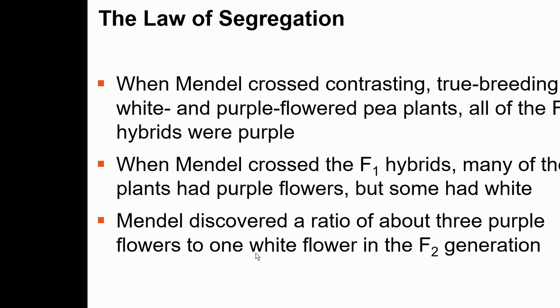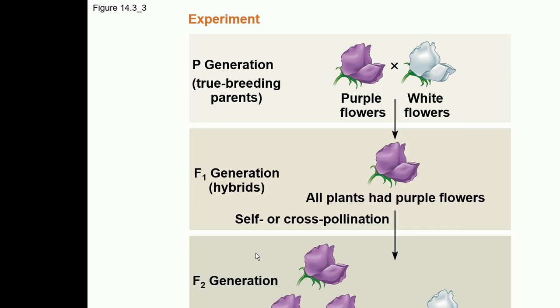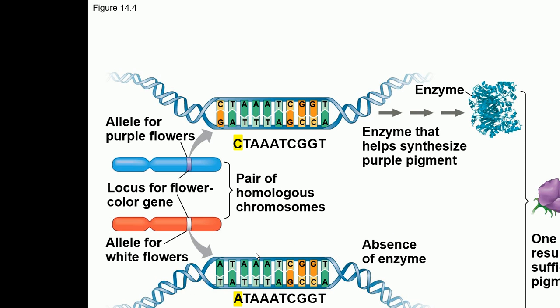The dominant allele expresses itself in the presence of the recessive allele. You can see here, I showed you the sequence. So this is a dominant allele. This is a recessive allele. In the presence of the dominant allele, the recessive allele cannot express itself.